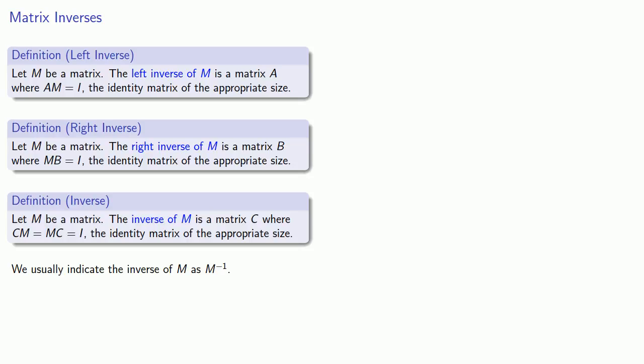But it's important to recognize that there is in this case no indication of the quotient 1 divided by M. That is meaningless in the context of matrices. This is just the notation, because there are only so many symbols, that says that we're looking at the multiplicative inverse of the matrix M.